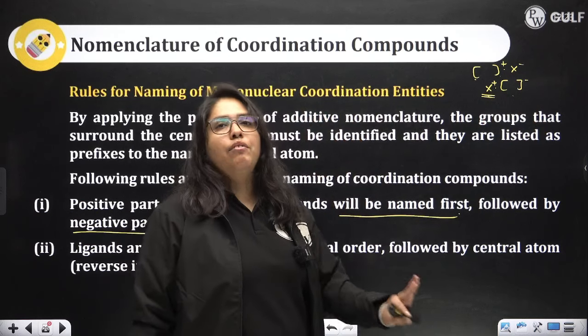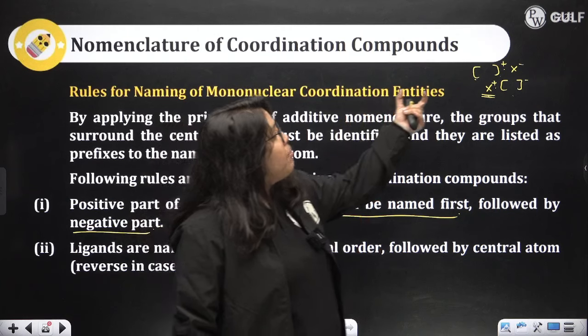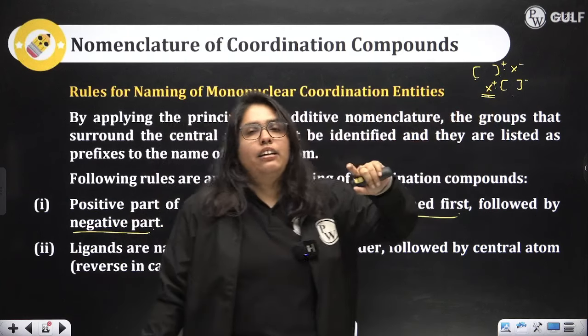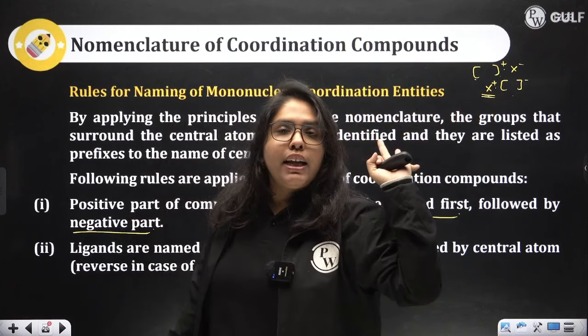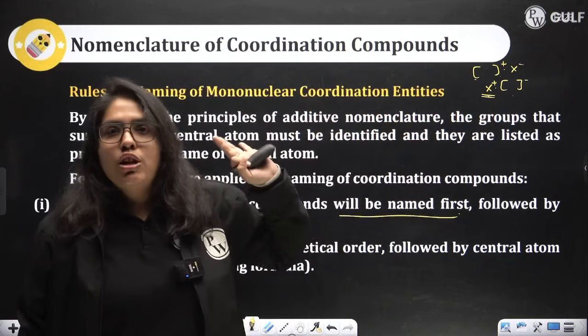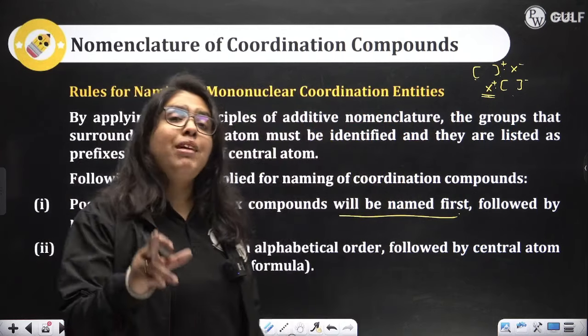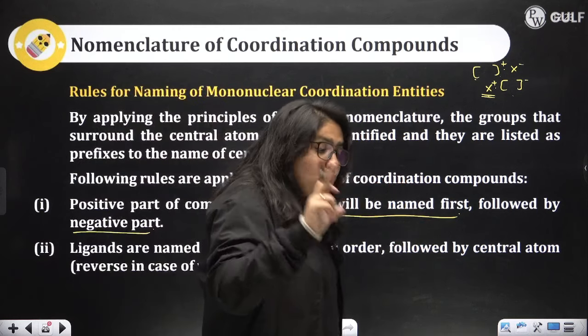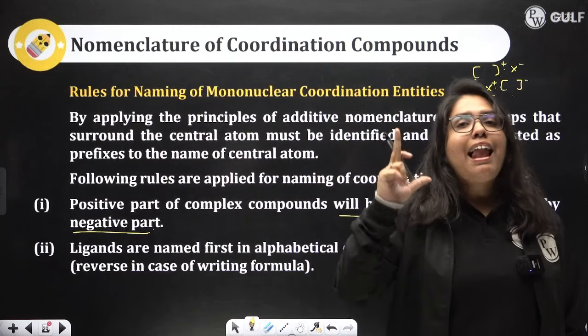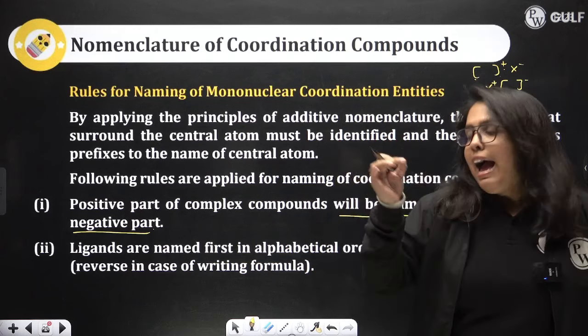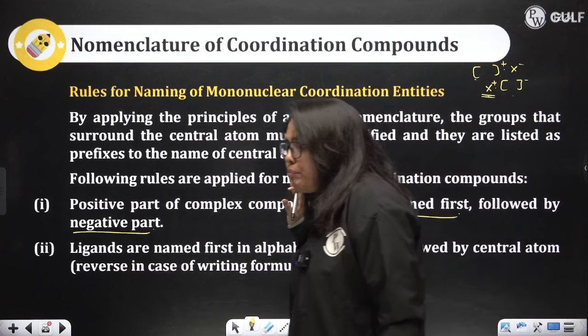Positive first, negative later. Now, when we are naming the coordinate entity, be it positively charged or negatively charged, we will first name the ligands. That too in a particular alphabetical order. Alphabetical order you cannot play with, right?